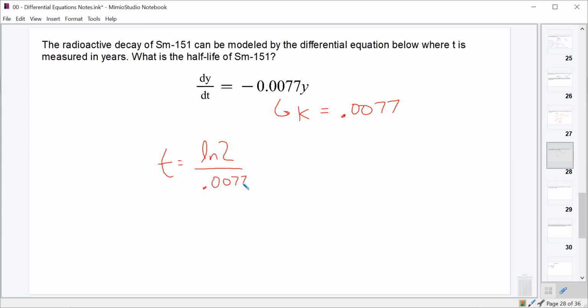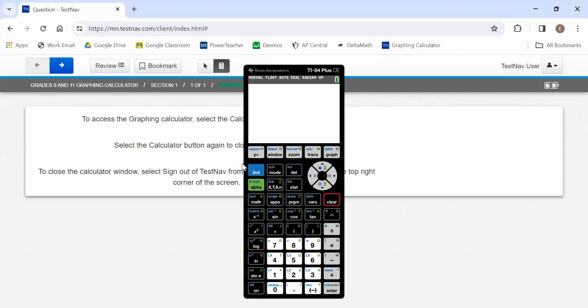And of course, for a lot of these, we're going to want to be able to get a decimal approximation. So we'll go into our calculator here. We'll do natural log of 2, and we'll divide it by 0.0077. And we'll end up with 90.01911436.